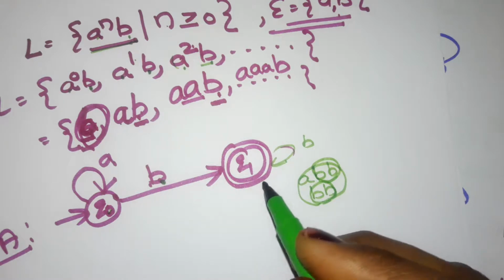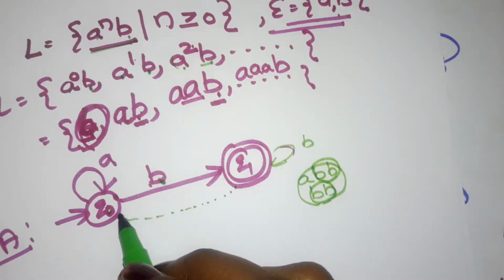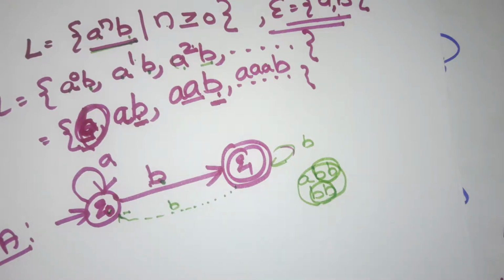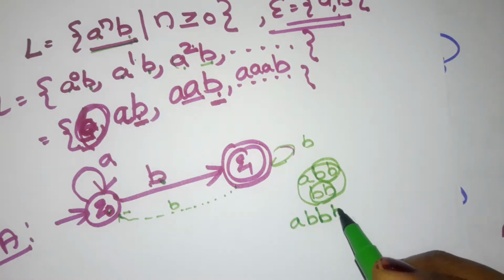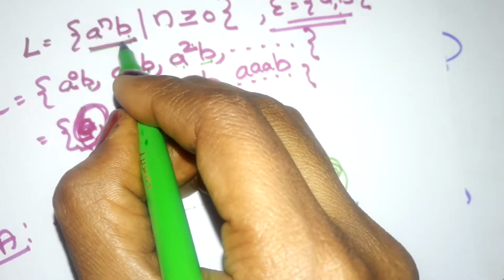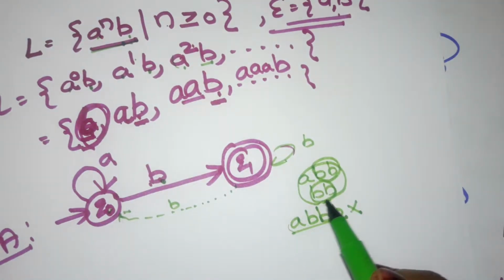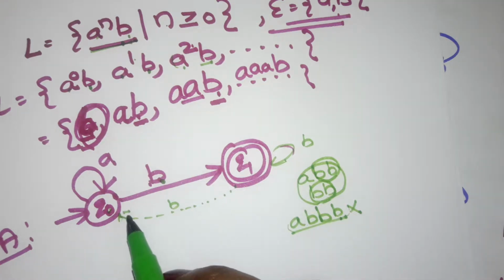So a b b b should not be acceptable; only ending with one b is acceptable.